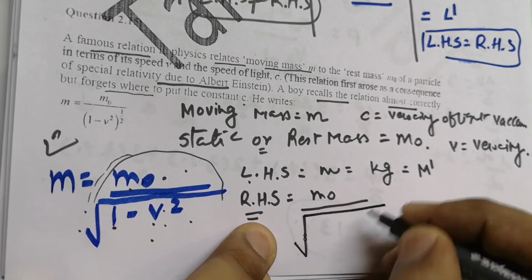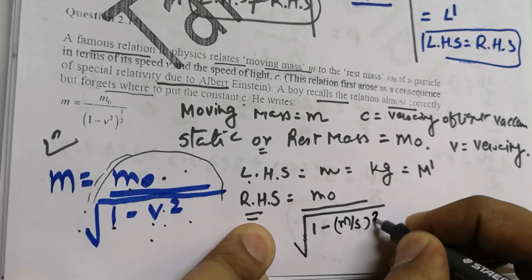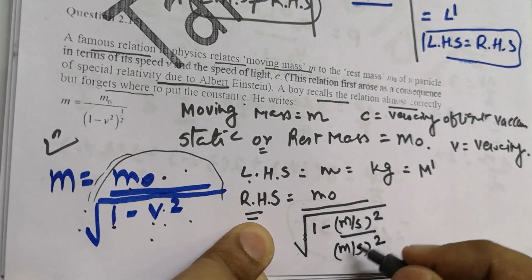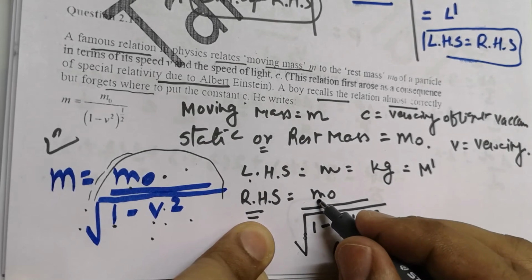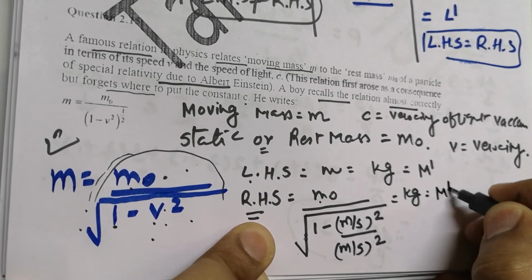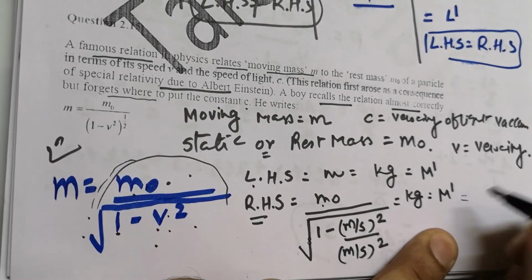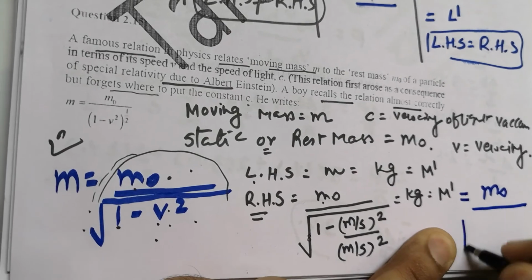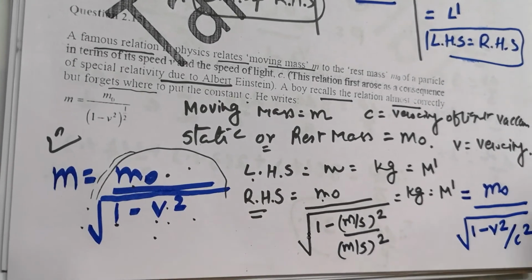So I am using that. 1 minus v square, so I put meter per second square, and I put c over here, which contains the same unit, so this cancels out. My denominator is unitless, and my numerator contains the unit kilogram, M1. So I can write down that my real expression would be m0 divided by the square root of 1 minus v square by c square.